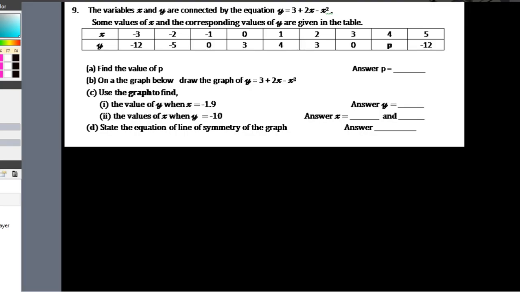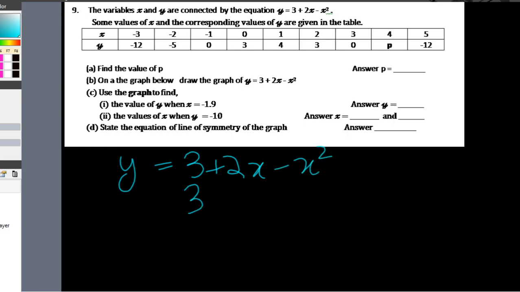Question number 9. The variable x and y are connected by this equation. Some values of x and corresponding values of y are given in the table. Find the value of p. So for p, x is equals to 4, so simply substitute x is equals to 4. y is equals to 3 plus 2 x minus x square.